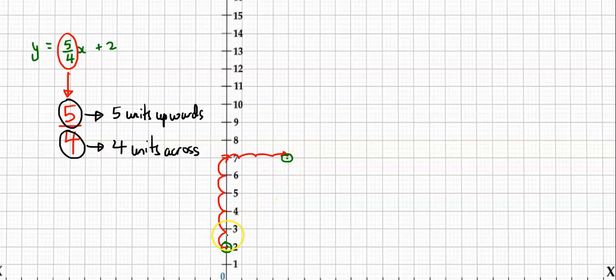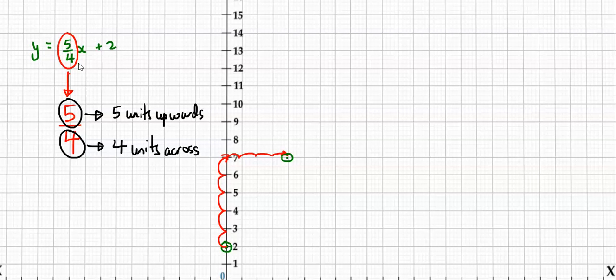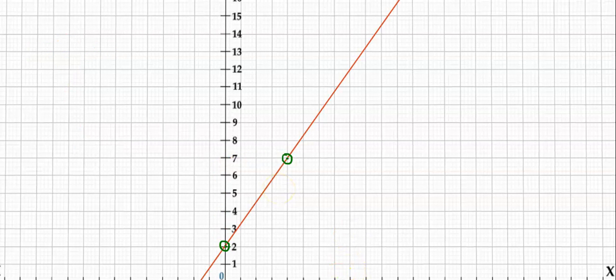And once we have our 2 points, we simply draw a straight line through the 2 points, and that will give us our graph of y is equal to 5 over 4x plus 2. So we're going to have something like this. So these are our 2 points, draw a line through it, and this is the graph of y is equal to 5 over 4x plus 2.